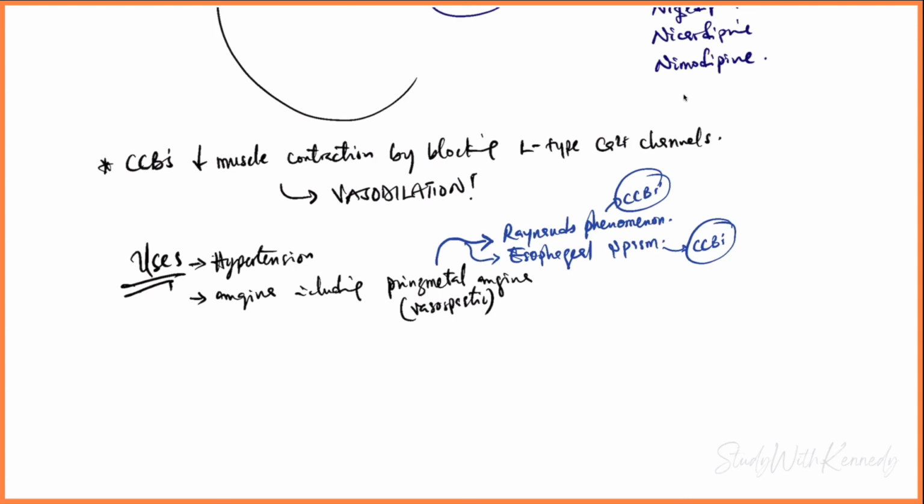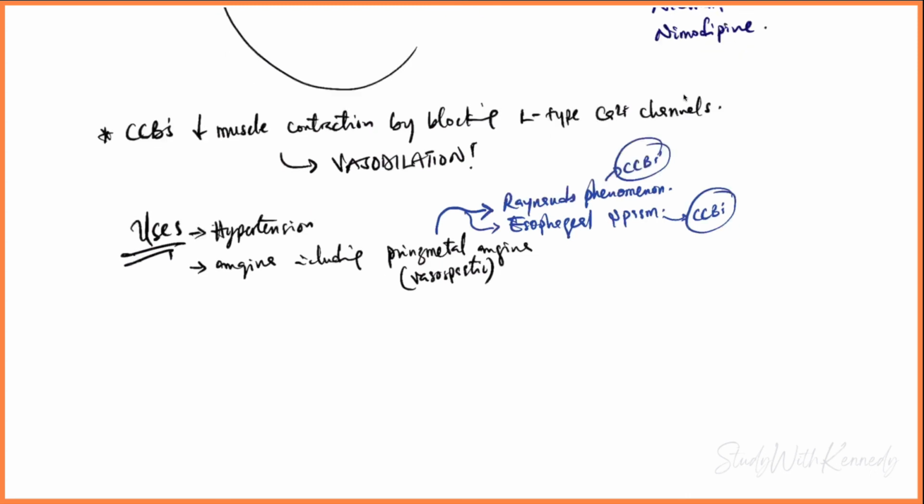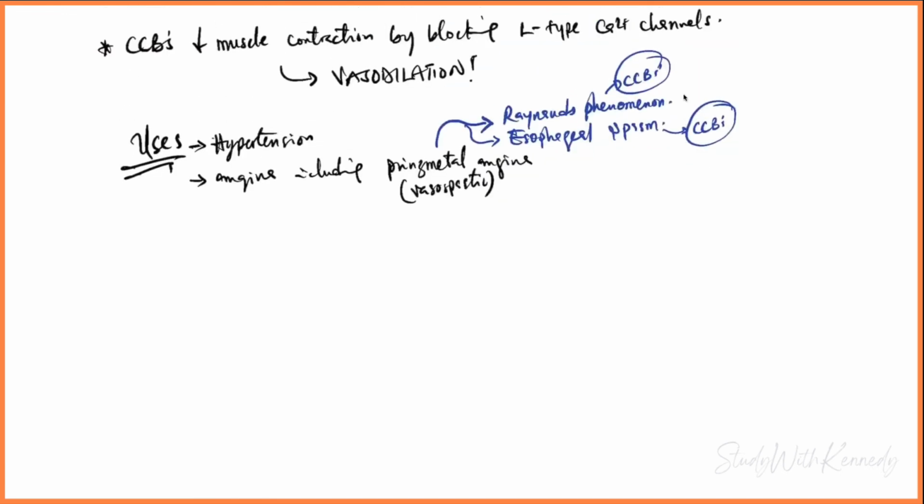All right, let's talk more about calcium channel blockers. We use them for Prinzmetal angina, for hypertension, for Raynaud phenomenon, potentially for esophageal spasm as well. Some of them are used for specific purposes. For example, nimodipine is used for subarachnoid hemorrhage to reduce or prevent rebleeding, okay?